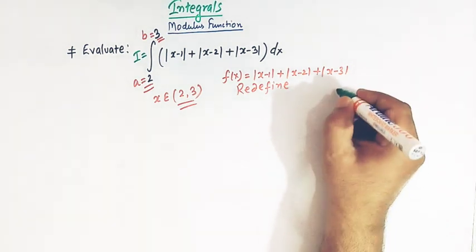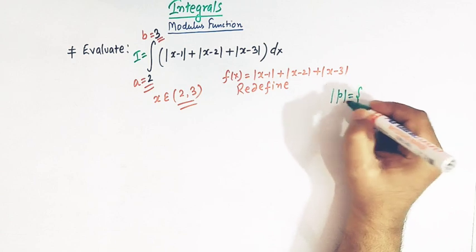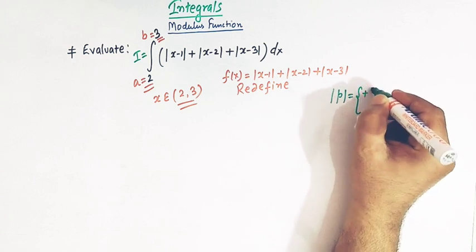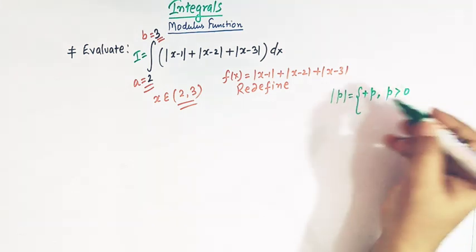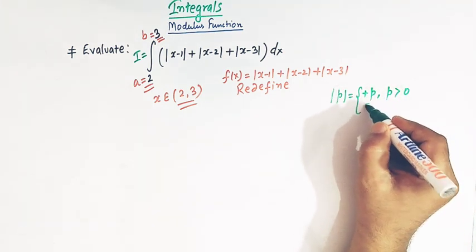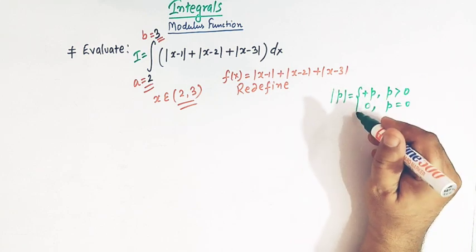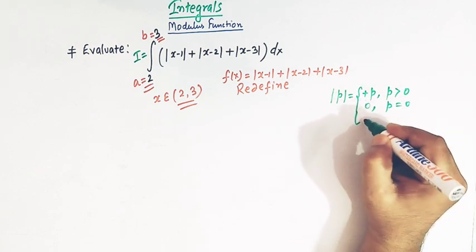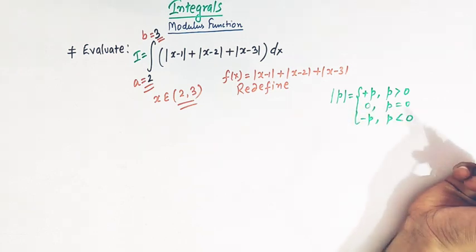So now see, mod of p is defined like this. Mod of p is positive p whenever p is greater than 0, right? And mod of p is 0 whenever p is equal to 0, and mod of p is negative of p whenever p is less than 0, right?